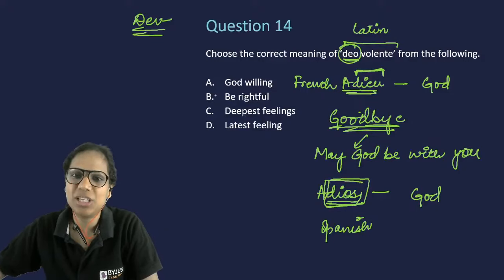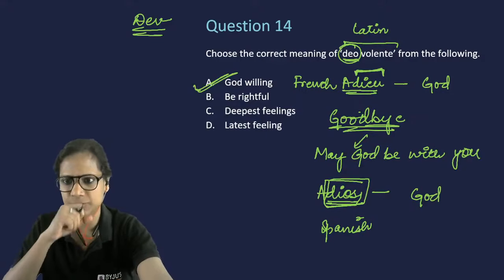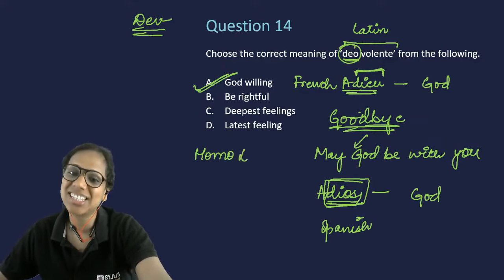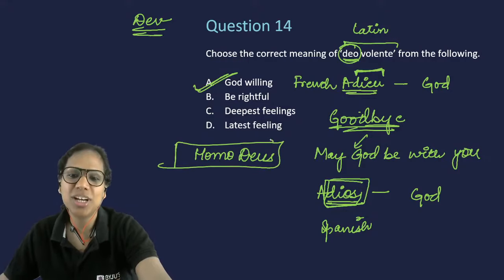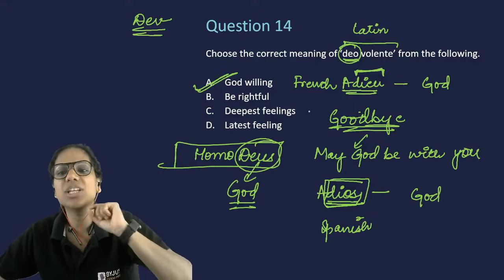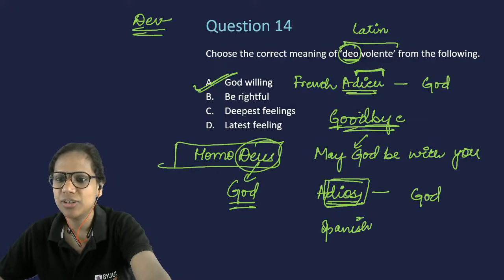So Deo volente means God willing. Okay. Deus, yes, Deus is called God. That's why we have Homo Deus as a book that has been written by Yuval Noah Harari. Deus also means God. Okay, so no matter which language you are using, in different languages, similar sounding words mean God. Okay, hope this is clear.